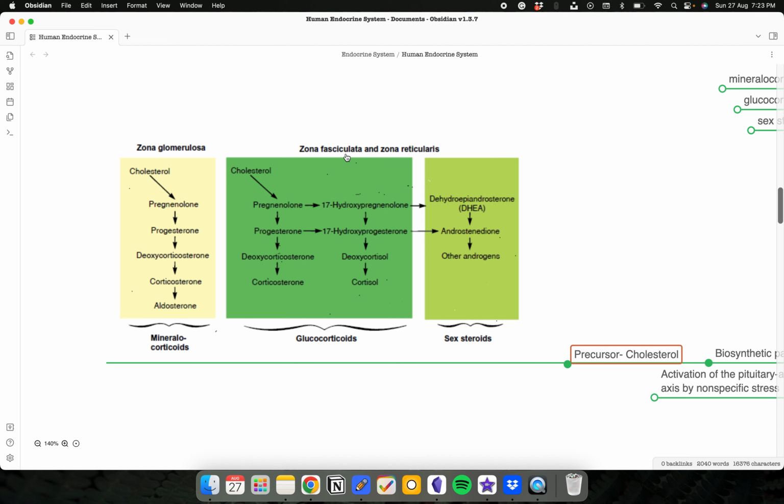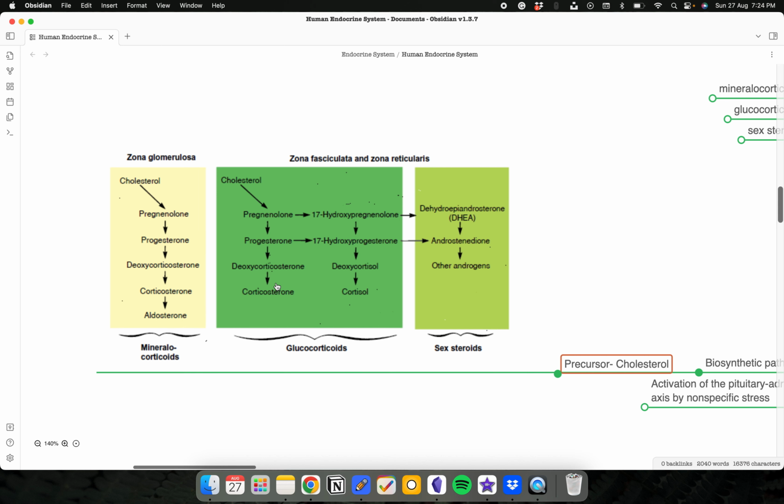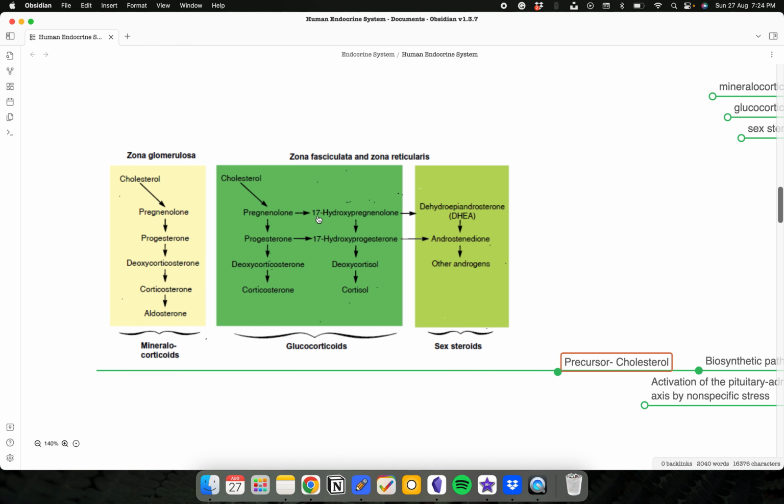The second part is in the zona fasciculata and zona reticularis. Again, the precursor is cholesterol. From cholesterol, pregnenolone is produced, then progesterone, then deoxycorticosterone, and then corticosterone. Again from pregnenolone, 17 hydroxypregnenolone is produced, meaning a hydroxyl group is added at the 17th carbon.